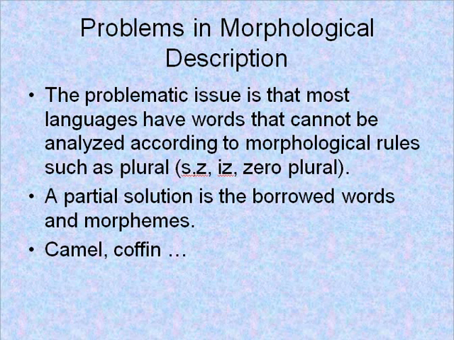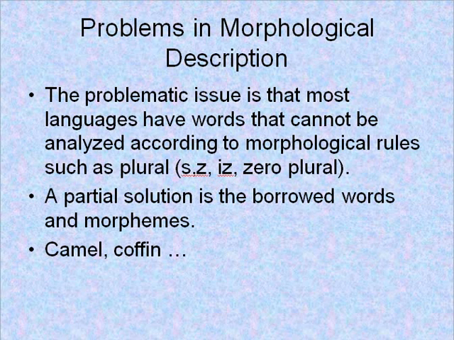We cannot describe or analyze the given morphemes or words in any given language. Why? Because most of the words or morphemes cannot be analyzed in the morphological rules of a given language.